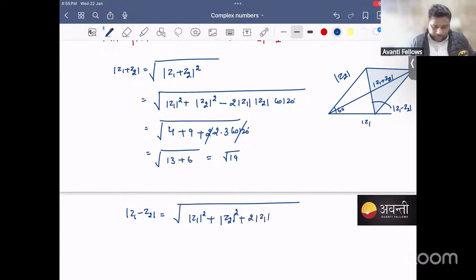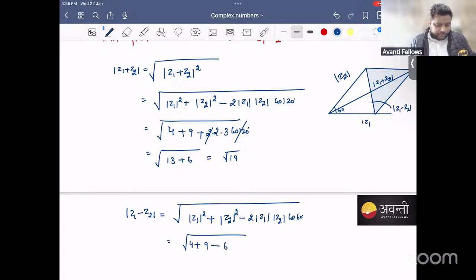minus 2 mod Z1 mod Z2 into cos 60. So it will be under root 4 plus 9 minus 6.